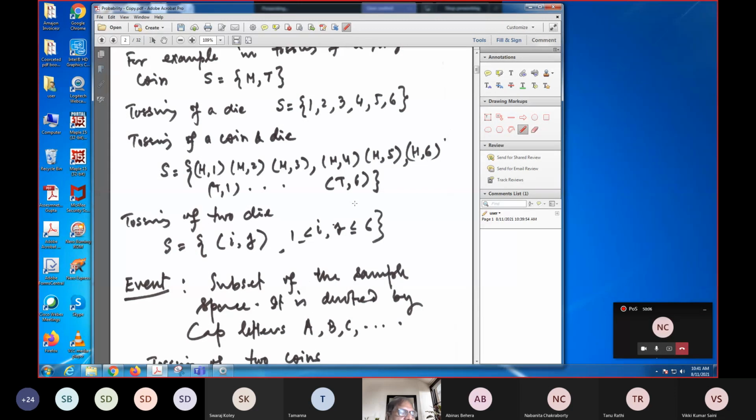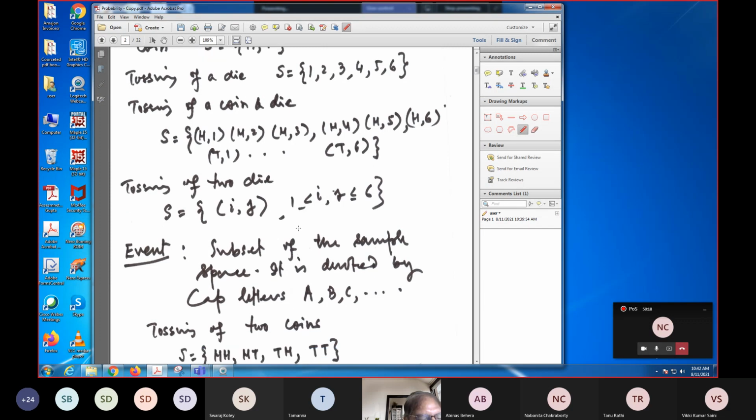Tournaments, marriage, puja are all events in common usage, but we are not concerned about that. Here, what is the meaning of an event?